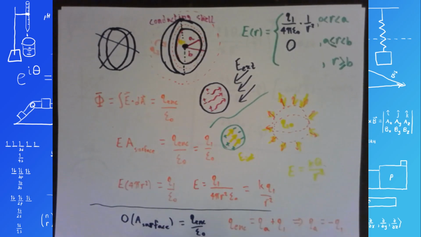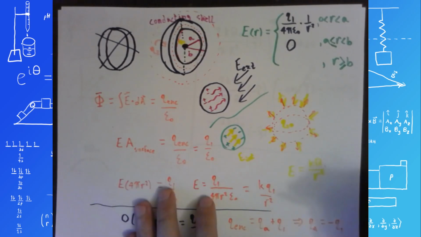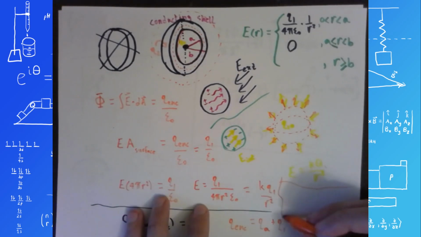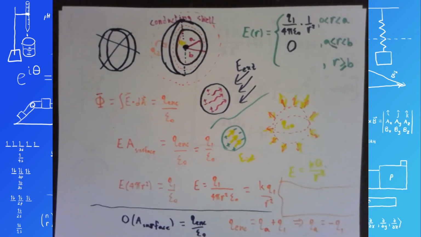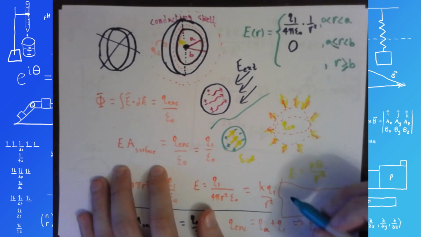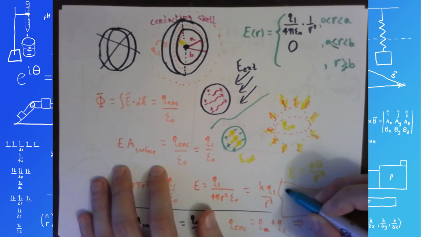Okay, same deal as before. We apply Gauss's law. Maybe I can fit it into this little corner here. Let me switch colors. Because of spherical symmetry, we know whatever the electric field is, it's going to be the same everywhere.